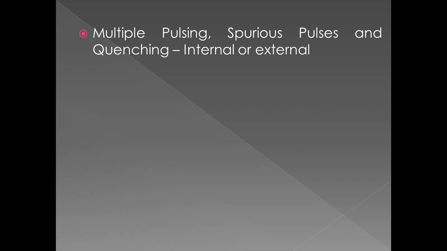Here we are talking about internal quenching. What happens is that the positive argon ions, when they are moving slowly towards the cathode in the presence of the quenching agent, collide with the bromine molecules. Suppose bromine is the quenching agent, they transfer their charge to the bromine molecules.